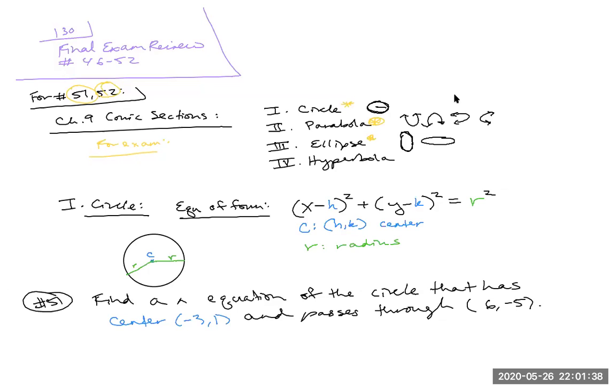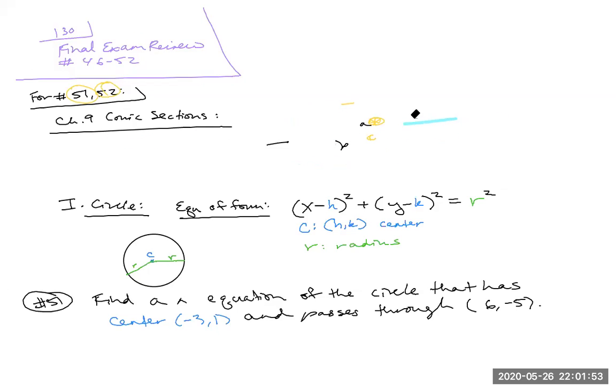This one's a little bit weird because you have to start with the formula for a circle first and then work your way back. Let me erase this top part. It's so messy.